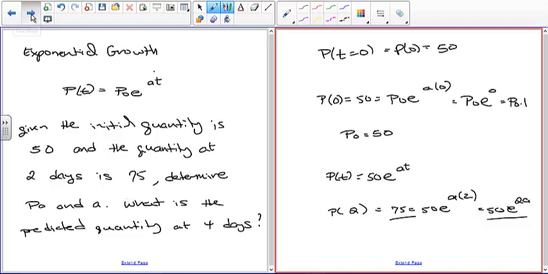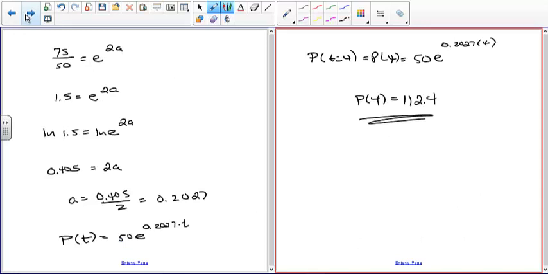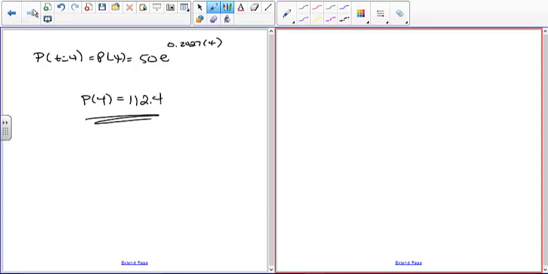Once you have that, you've got the equation specified, and then you can evaluate the function at any value t. Okay, let's look at exponential decay.